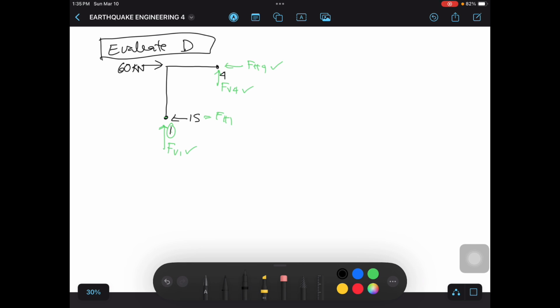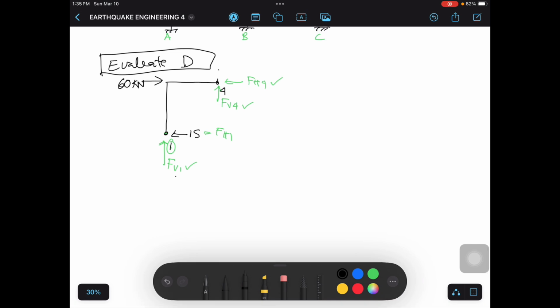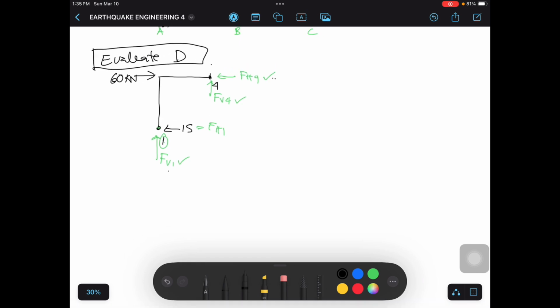Ano pwede mong gawin para may makuha ka ng value? So, either mag-moment ka dito sa point 4, makukuha mo agad si FV. Or pwede kang mag-summation of forces along H, since along H, ito na lang yung missing. So, let's do summation of forces muna along horizontal.